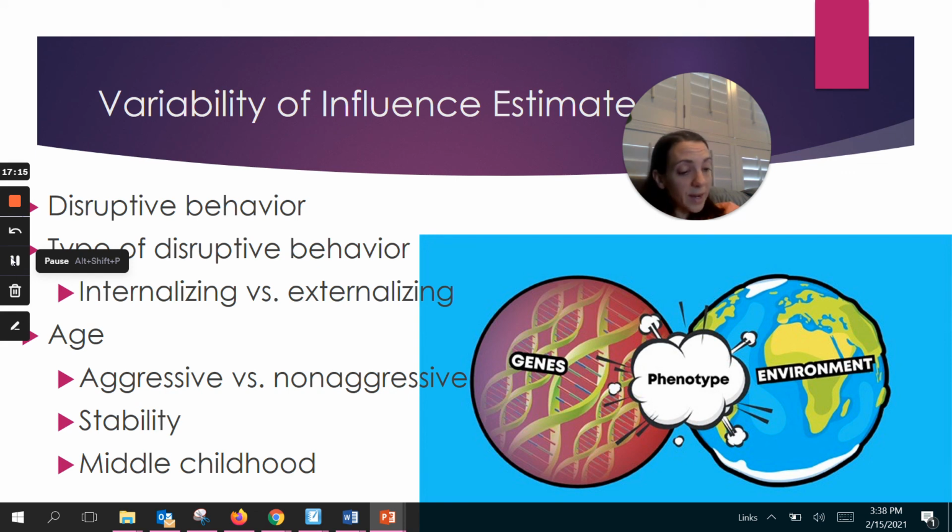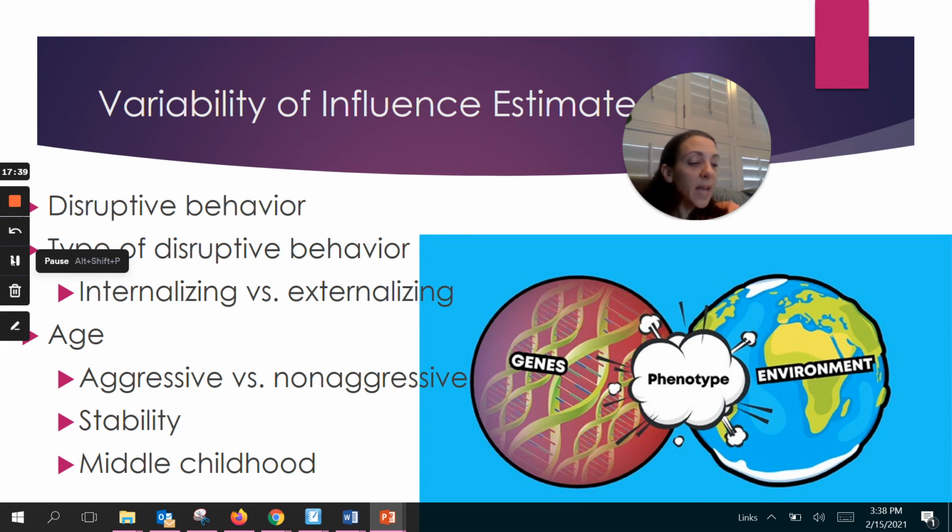However, other studies have shown that genetic and shared environmental influences decrease and non-shared environmental influences increase. And the inconsistency is in the way that they define age. So we're talking about disruptive behavior and this variance, and they're saying, oh, age is one of the reasons. But then even within age, there's a lot of variance.